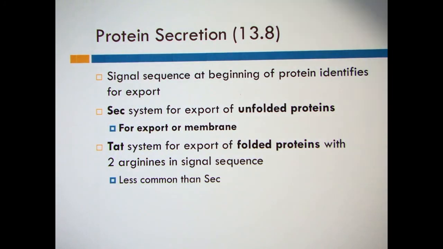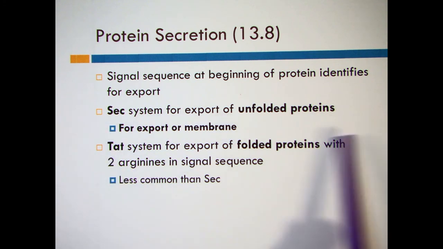The last thing that we need to talk about is how proteins get out of the cytoplasm. These proteins might be headed for the membrane, and they might just stay embedded in the membrane, or they might be headed for export out of the cell altogether. There are several different ways that this can happen, but we are only going to learn the 2 most common export systems, and that is the SEC system and the TAT system.